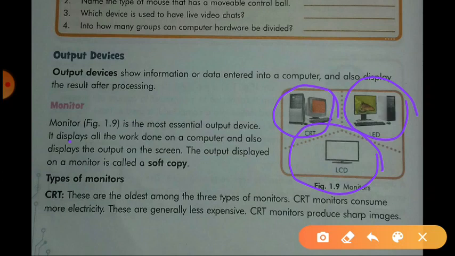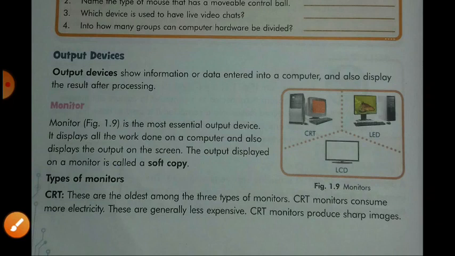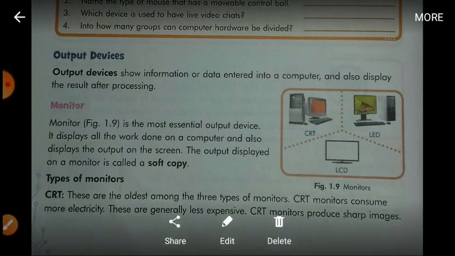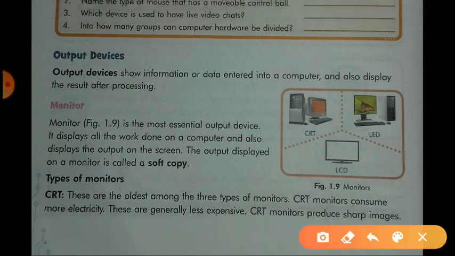CRT monitors produce a sharp image. Understand students? CRT monitors are the oldest among the three types of monitor, they consume more electricity power, and these are generally less expensive. CRT monitors produce a sharp image.